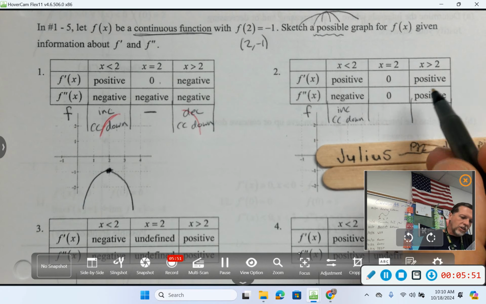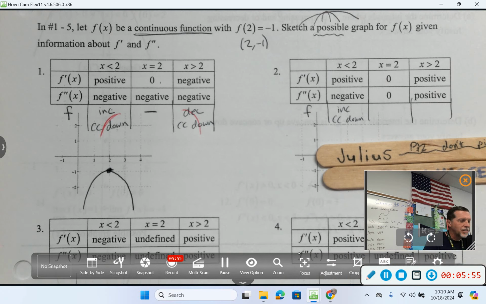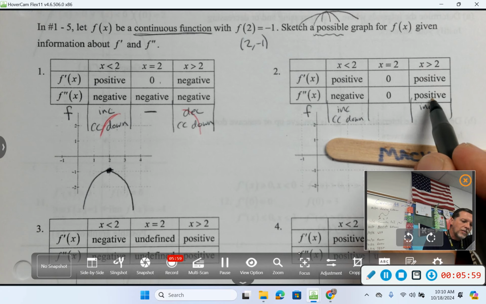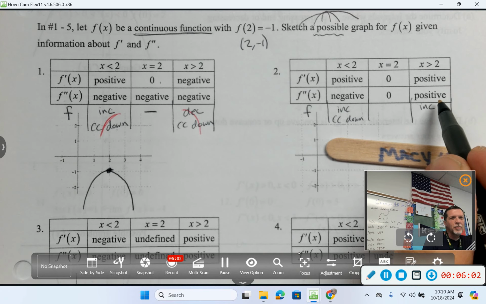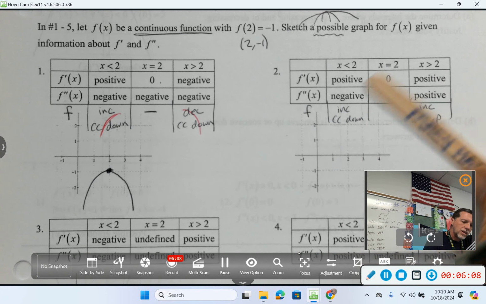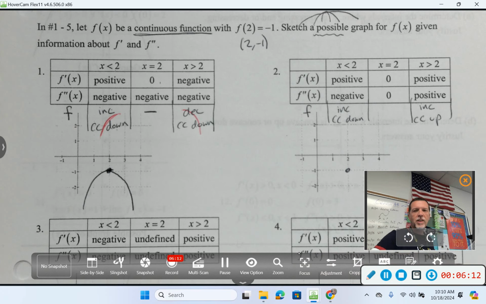All right, Julius, on x greater than 2, if f prime is positive, what does that tell me about f? f is increasing. Macy, if f double prime is positive, what does that tell me about f? It's concave up. We're still starting at (2, negative 1), so see if you can piece together what that graph might look like.